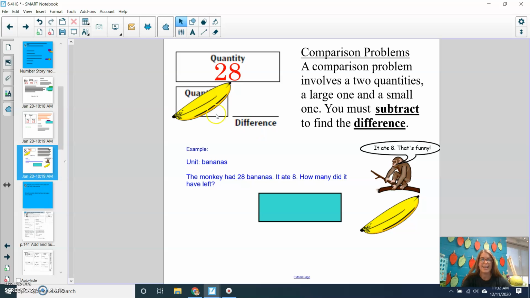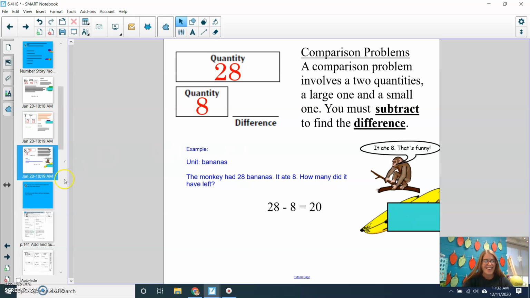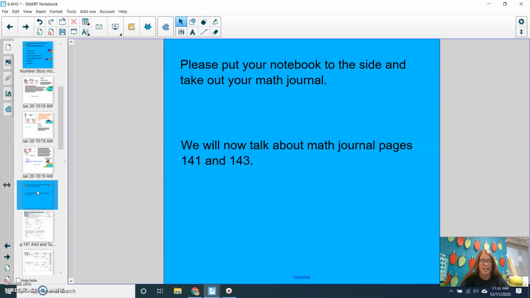It ate 8 bananas. So how many did it have left? So we're trying to figure out the difference. So in this number model, I'm thinking 28 minus 8 equals, yes, 20.